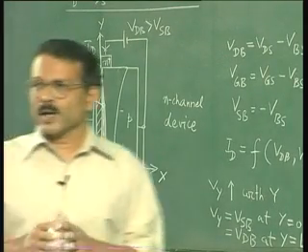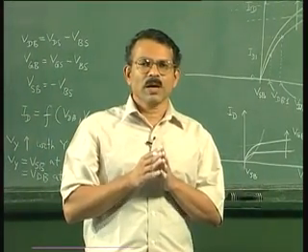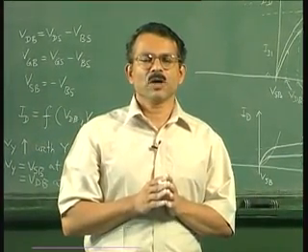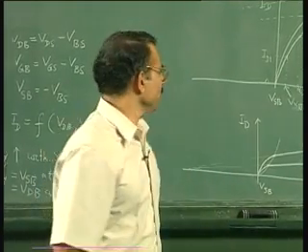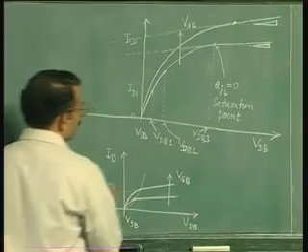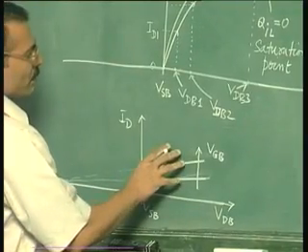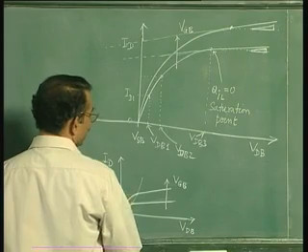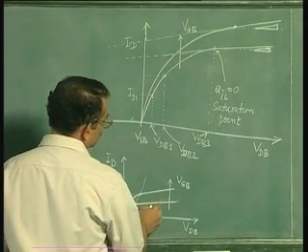Therefore, for increased source to bulk voltage or source to bulk reverse bias, your current levels will be lower. So what we have drawn here is a graph for one value of VSB. If you want to draw for another value of VSB, then each of these lines for a higher value of VSB will be lower.